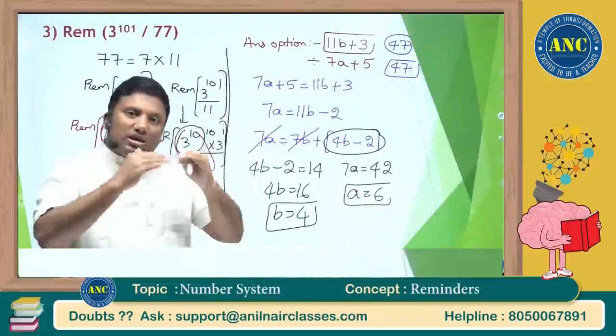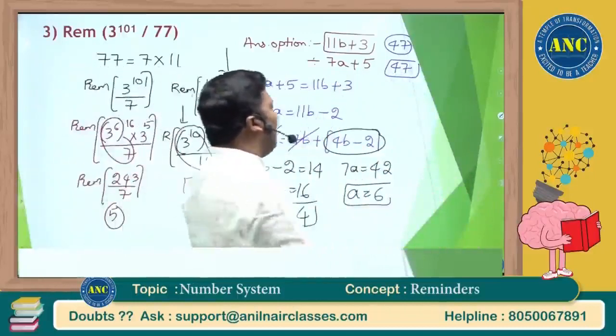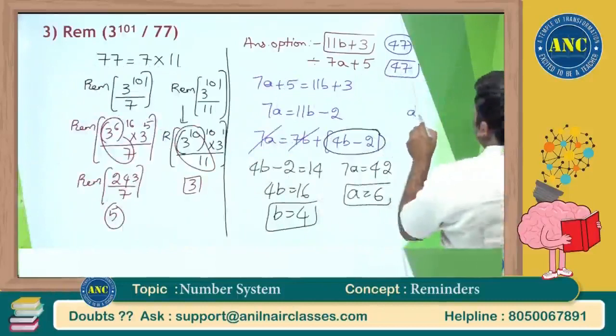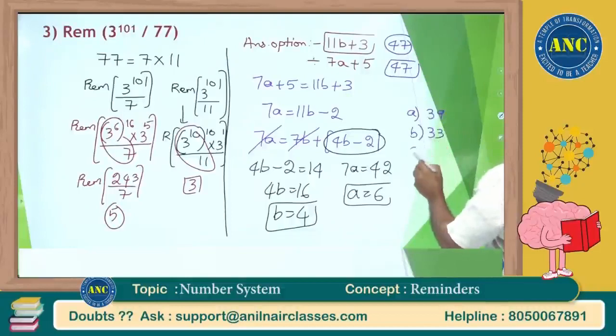I hope the step-by-step approach of how to solve the problem is clear to you. Suppose the answer options are like this: 39, 33, 47 and 77.